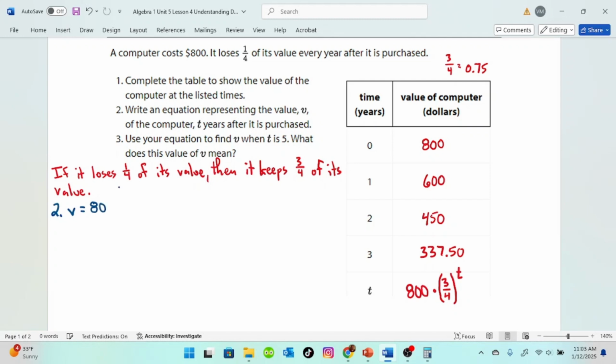The value equals the $800 starting price times the 3/4 of its value that it keeps each year after losing 1/4 of its value, and that 3/4 is to the power of t, the number of years after it was purchased.